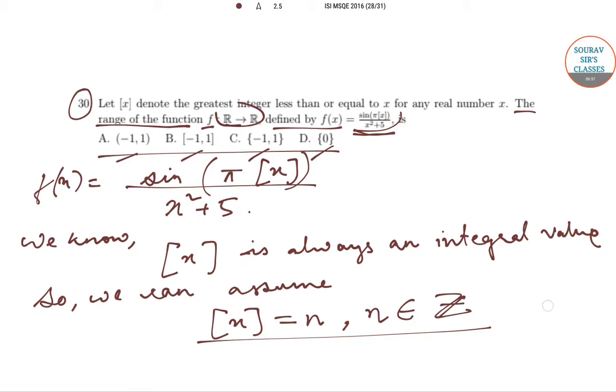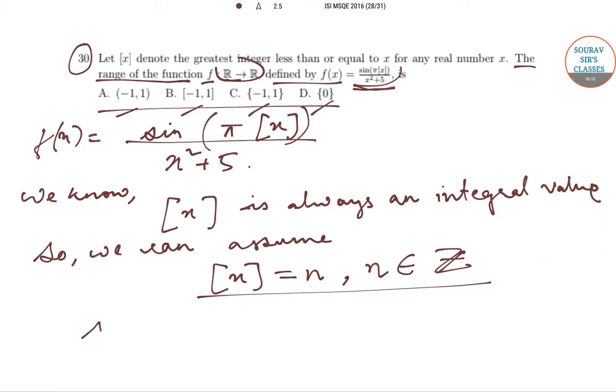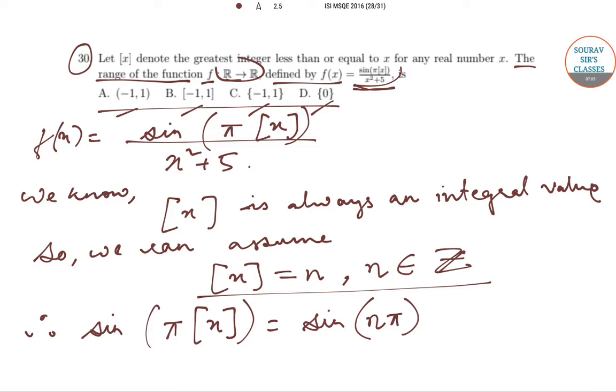We can assume that. So basically we can write that sine of pi times greatest integer of x is given by sine of n pi. Now sine of n pi is always equal to 0.